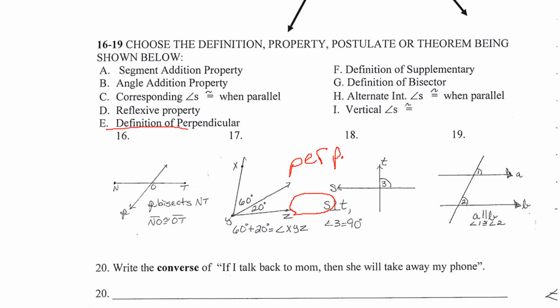You got to know the definition of perpendicular, and it means 90 degrees. Okay? Not right angle. If the symbol is perpendicular, then that's what you're going with, definition of perpendicular.